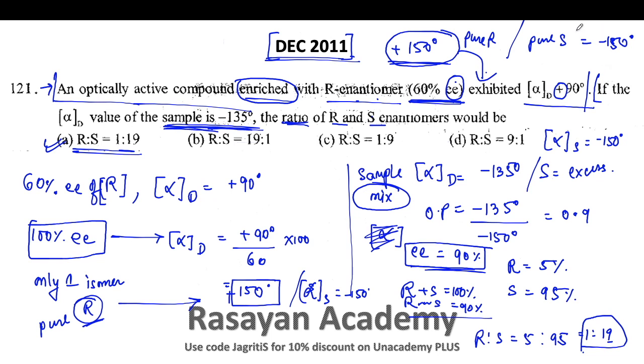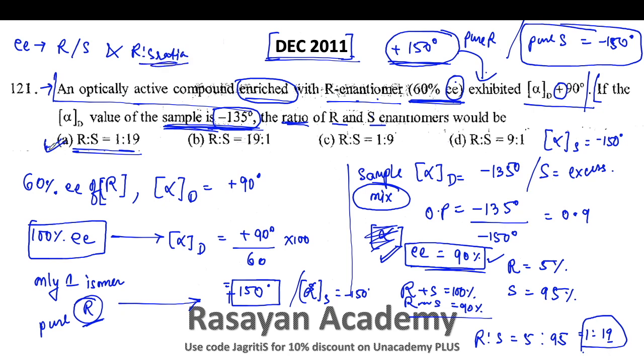Now you use this information, pure S is minus 150, with this value to get the enantiomeric excess, because the formula is minus 135 divided by minus 150, multiplied by 100. Then from the enantiomeric excess you have found out the R and S percentages, and then your R and S ratio.